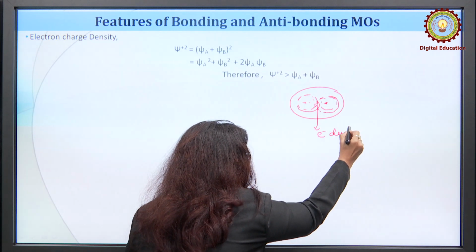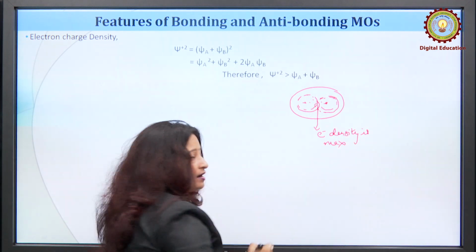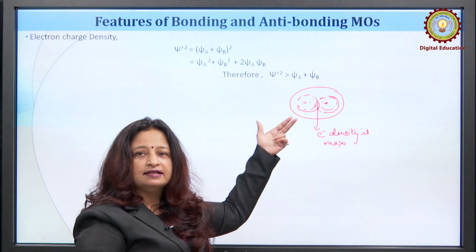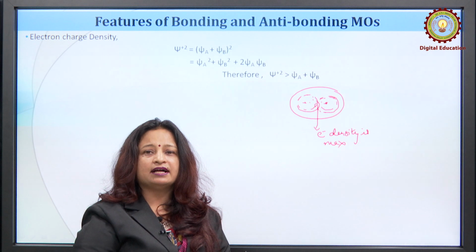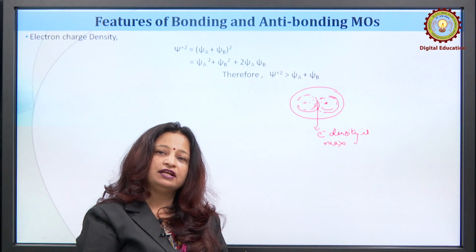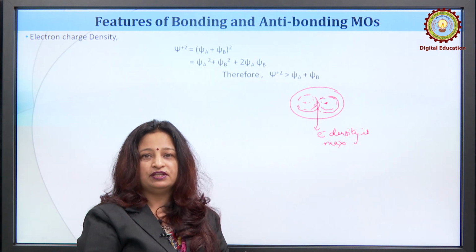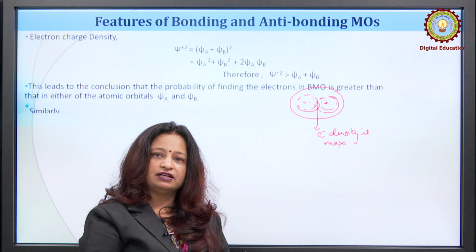Electron density is maximum where? In between the nuclei. So, this is the same conclusion that we have drawn here. The electron charge density in the bonding molecular orbital is greater than the electron densities of either of the atomic orbitals. This leads to the conclusion that we have already understood.